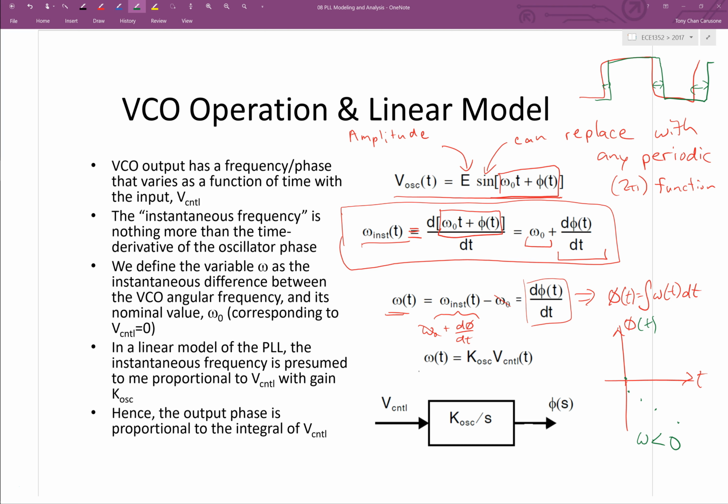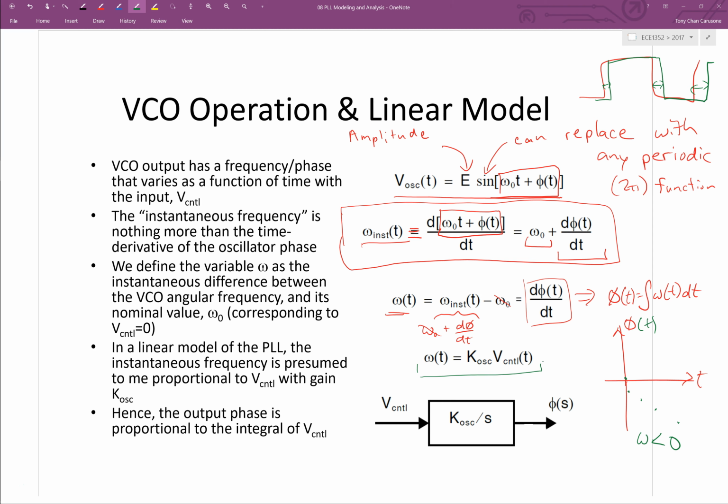So we can write this expression now: omega is proportional to V control. These definitions suggest that omega naught should really be the frequency at which the oscillator runs when V control is 0.